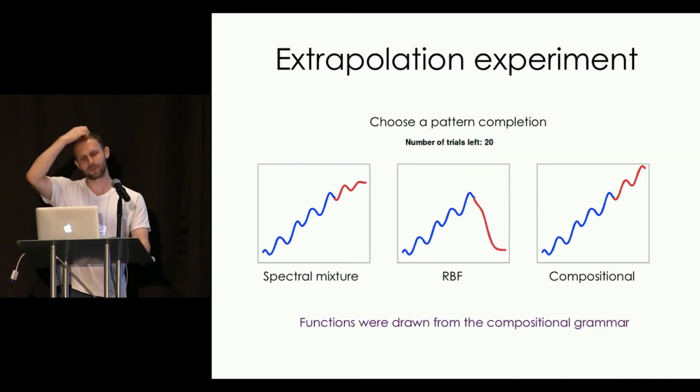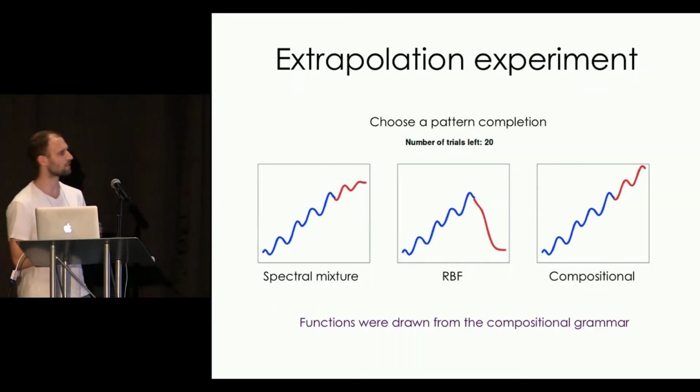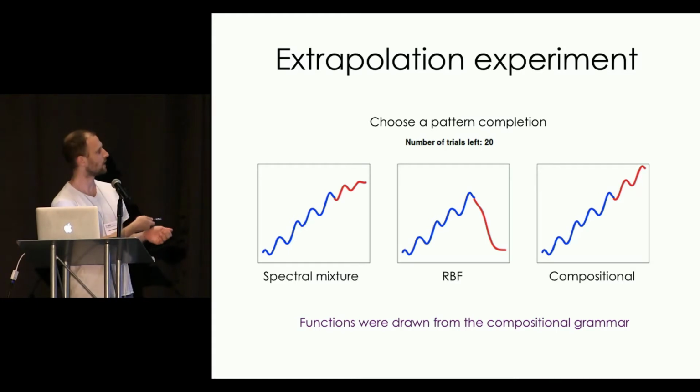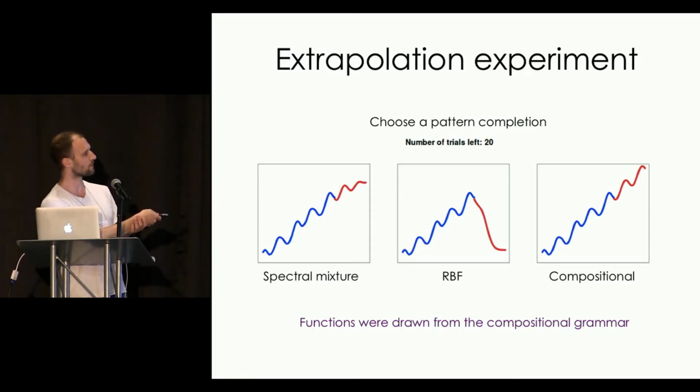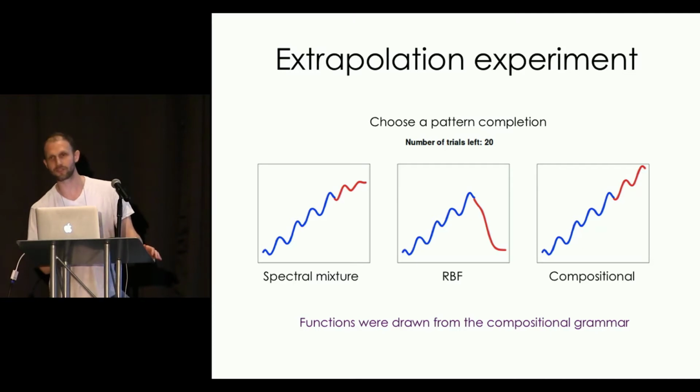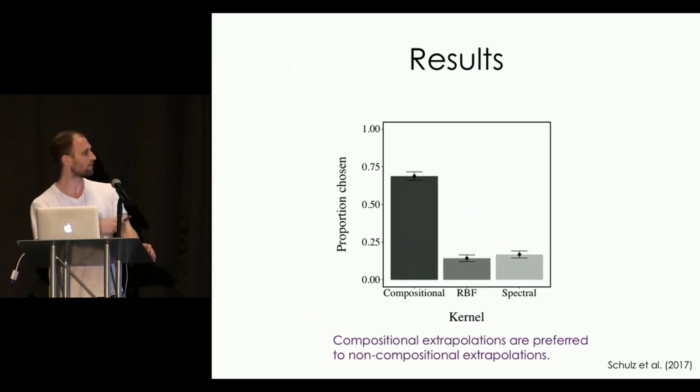For example, we would give people these pattern completion experiments, extrapolation tasks, where we'd show them this blue pattern. We'd give them a choice of different extrapolations, which were generated by different kernels. In the very first experiment, we sampled the true underlying function from a compositional kernel, and not surprisingly, people did prefer the compositional kernel for the completion.